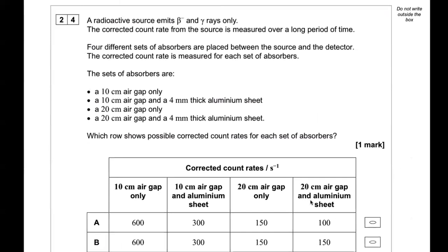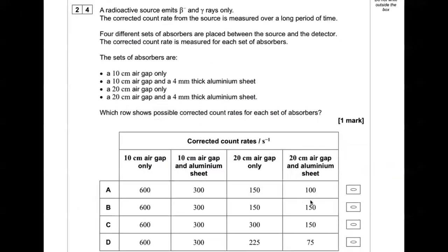A radioactive source emits beta negative and gamma rays only, so no alpha. Corrected count rate from the source is measured over a long period of time. Four different sets of absorbers are placed between the source and the detector. Corrected count rate is measured for each set of absorbers.